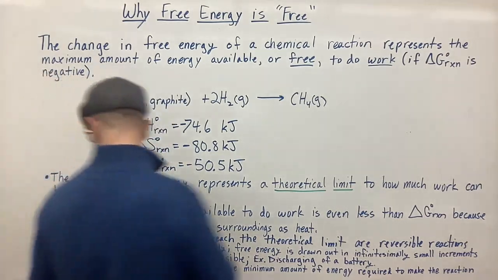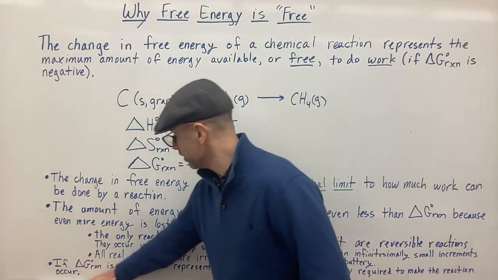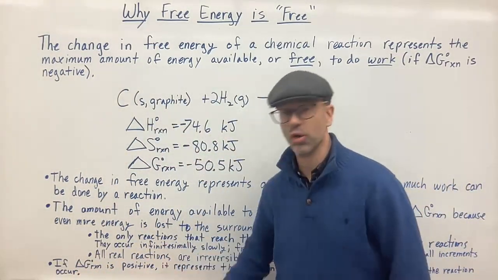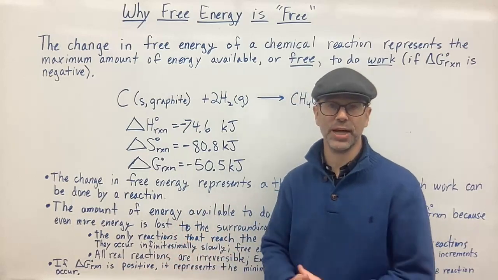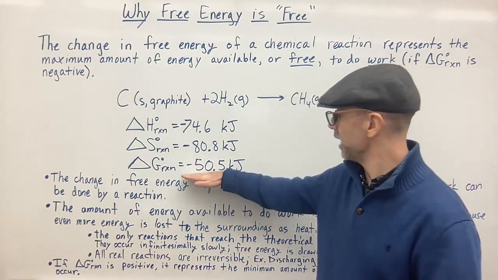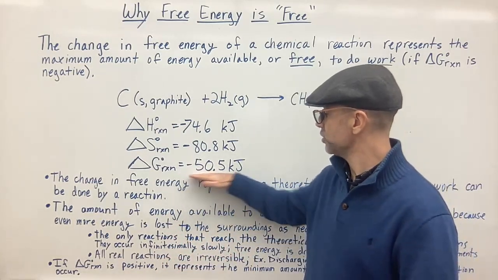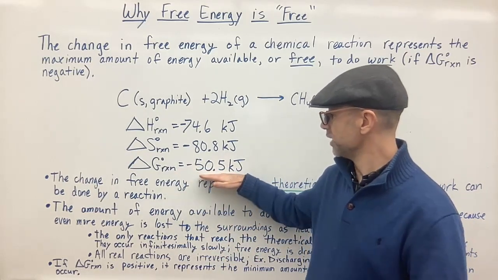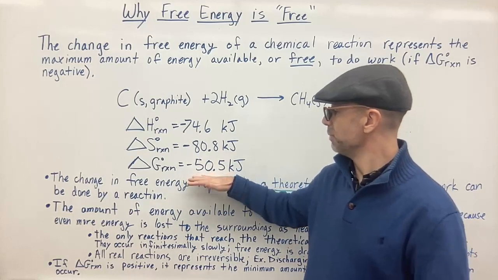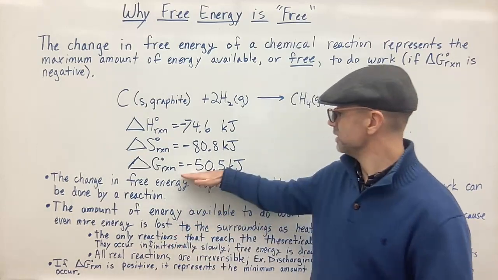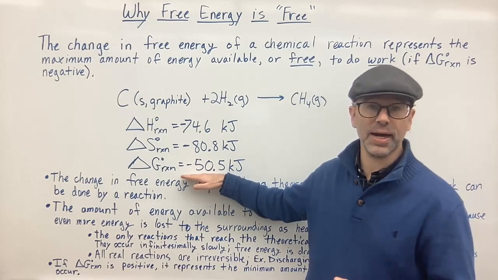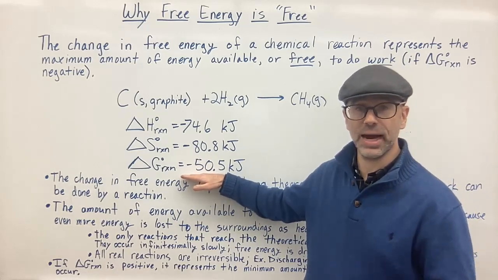So we've been talking about negative free energies, right? If the standard free energy change is negative, that means it's spontaneous, and this is the limit to how much work can be done by the system, by the reaction.